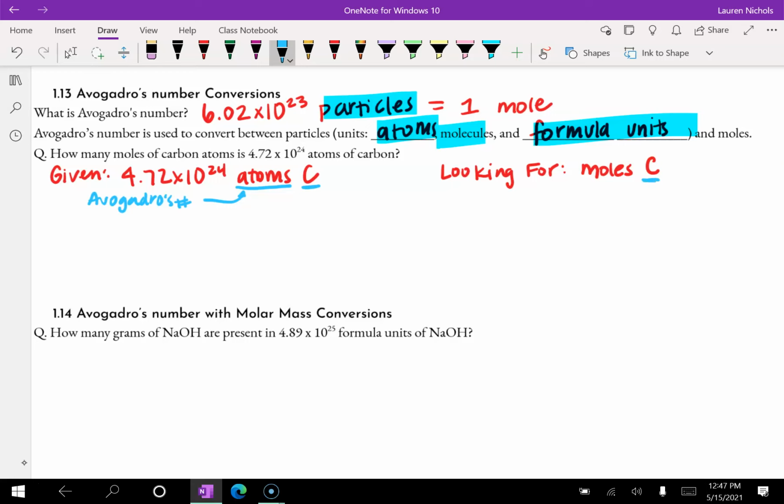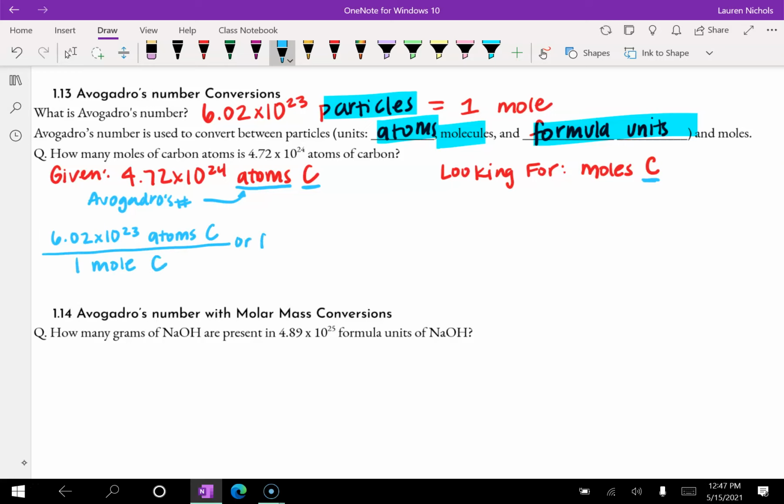I don't see grams in this problem, so we don't need molar mass. All we need is Avogadro's number. And so we write Avogadro's number as our fraction, so 6.02 times 10 to the 23 atoms. We're going to use that word atoms instead of particles because that is what is in our problem, of carbon, divided by 1 mole of carbon.